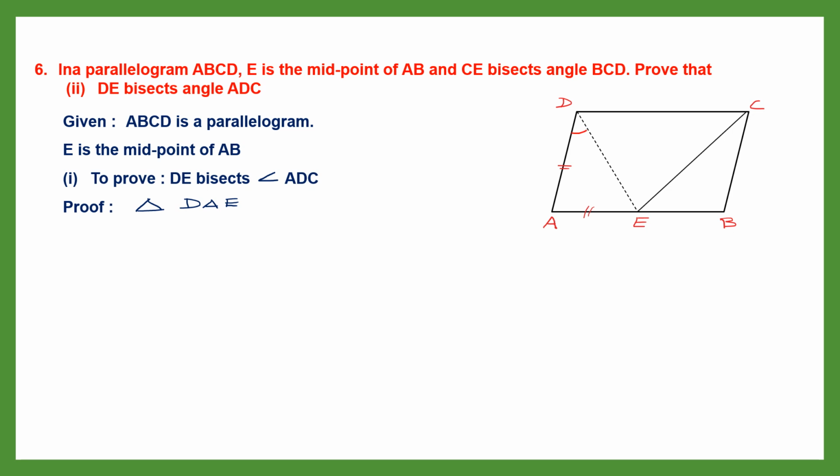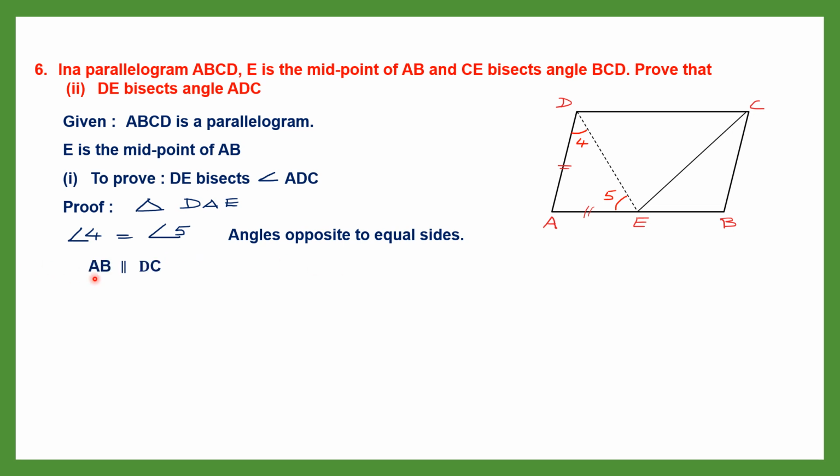So let's mark this as angle 4 and this as angle 5. They will be equal to each other because they are angles that are opposite to equal sides. So let's write angle 4 is equal to angle 5. And what is the reason? Angles opposite to equal sides. So this is the first point. Angle 4 is equal to angle 5.